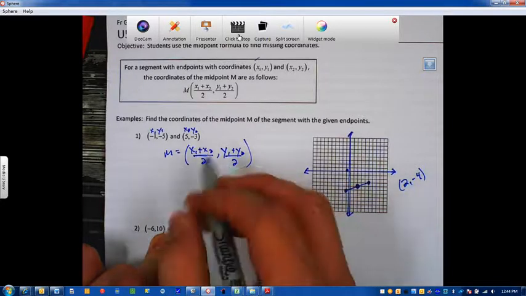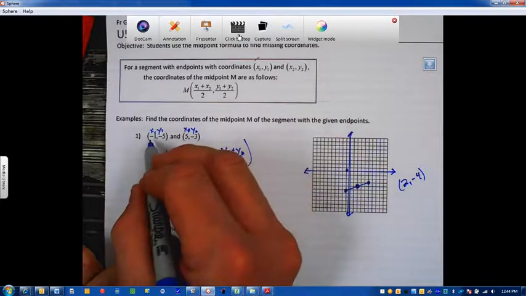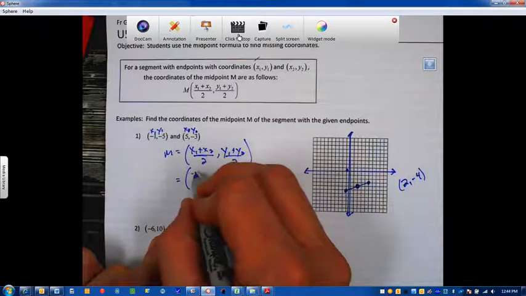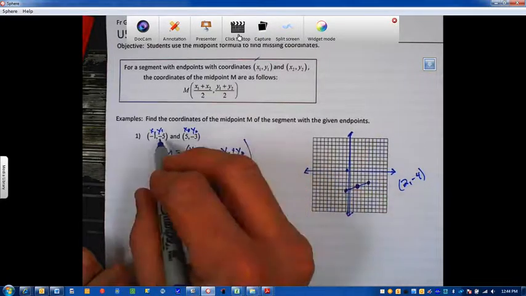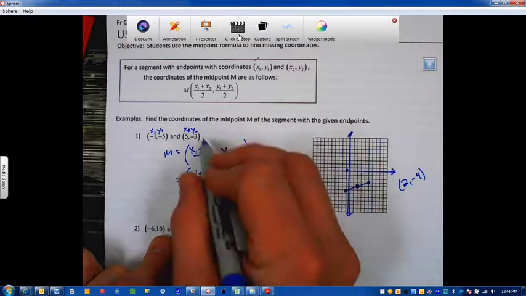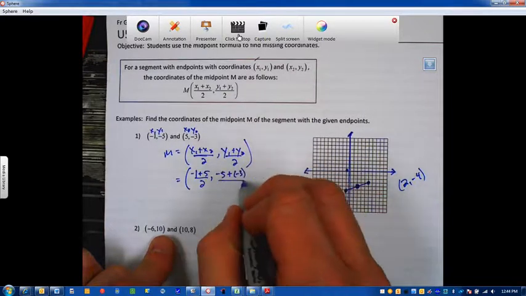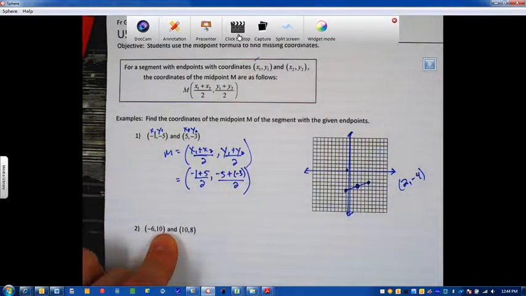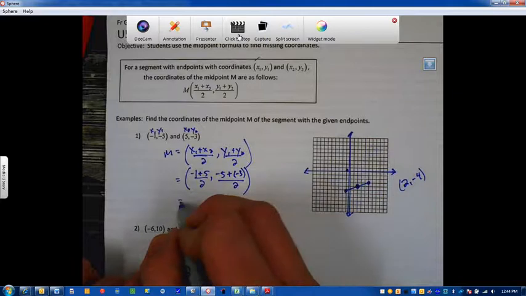So you end up with, in this case, x1 plus x2 is going to be negative 1 plus 5 over 2, comma, y1 plus y2 is negative 5 plus, be careful, negative 3 over 2. Okay, I haven't done any math yet. I just need to simplify. All I've done is plug stuff in. When you do simplify, do them one at a time.